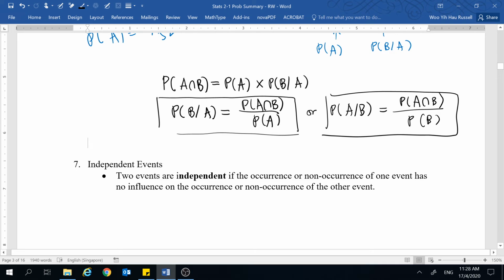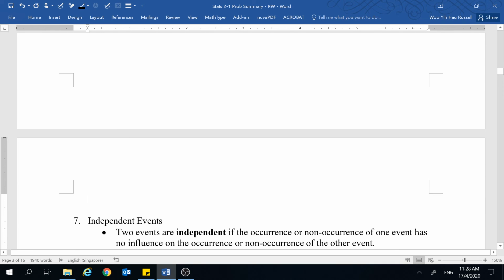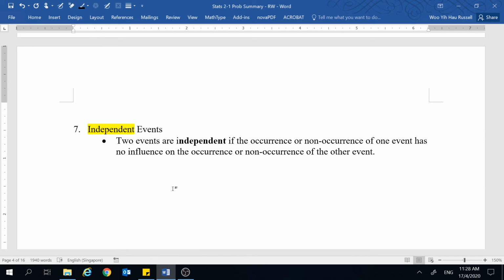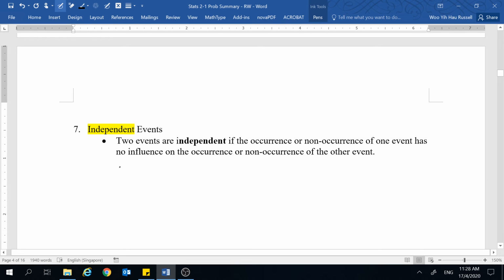What are independent events? This idea of independence. Right? Now, read here. Two events are independent if the occurrence of one has no influence on the occurrence of the other. I give you an example. I always like to give this example.